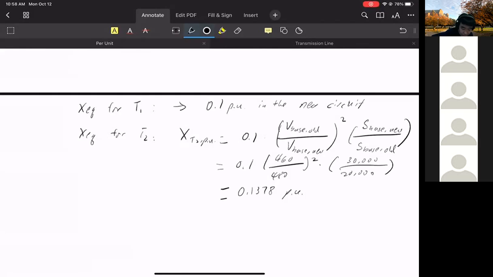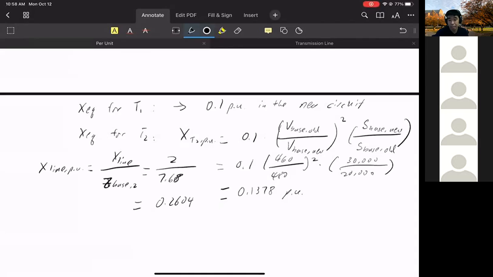Then our line in per unit is just the SI value divided by the base value. There's no base conversion here. Divided by 7.68, we get 0.2604 per unit for the line.